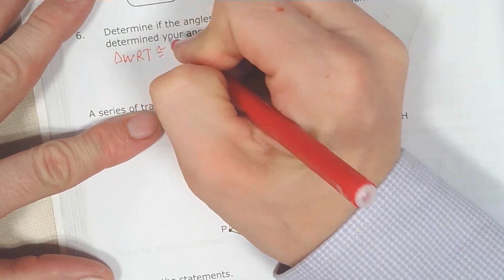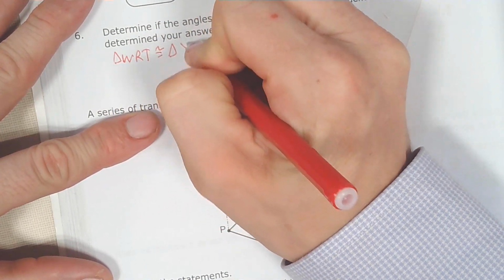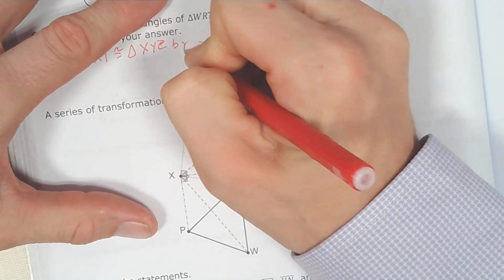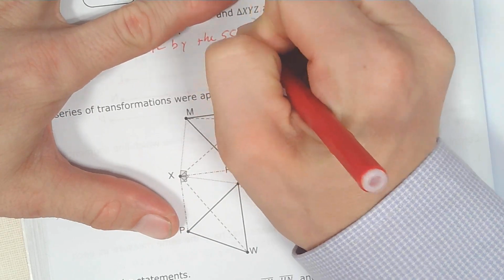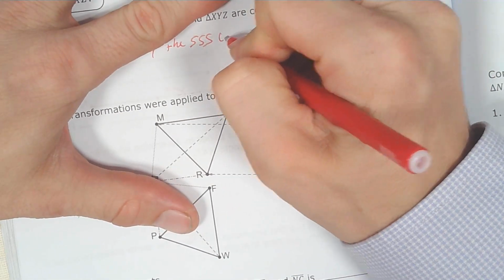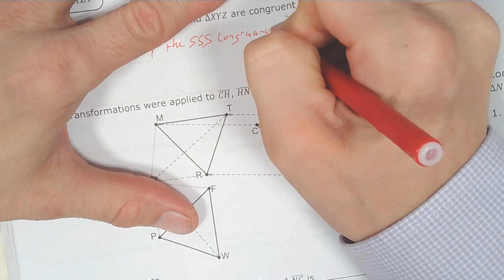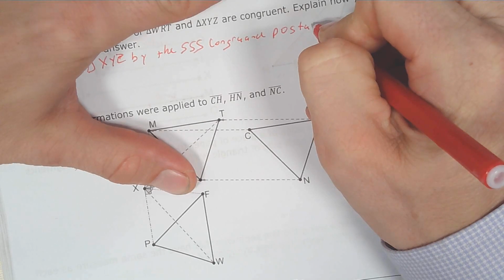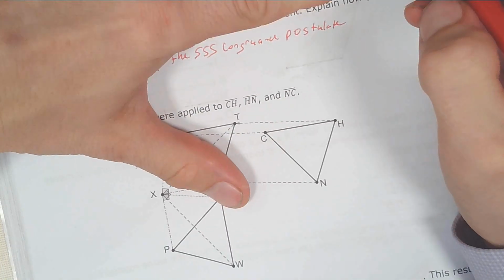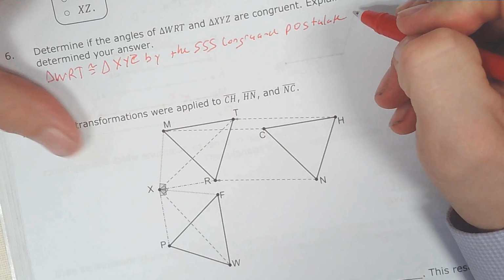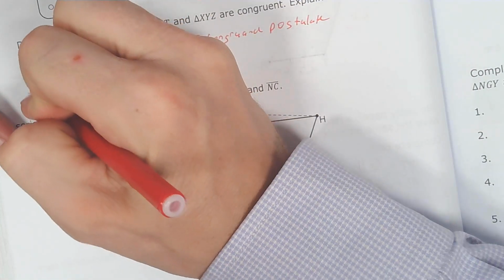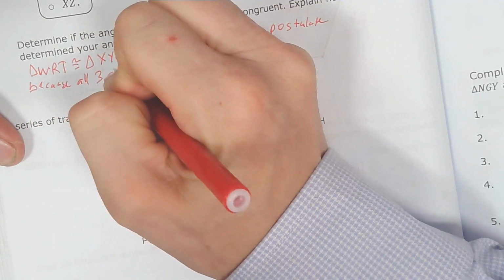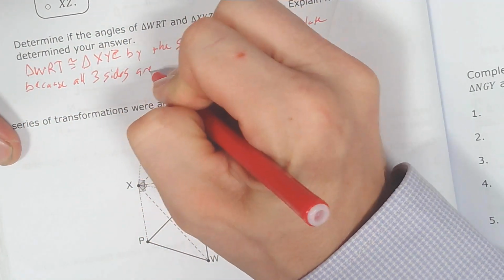Angle WRT is congruent to angle XYZ by the side congruence postulate, because all three sides are congruent.